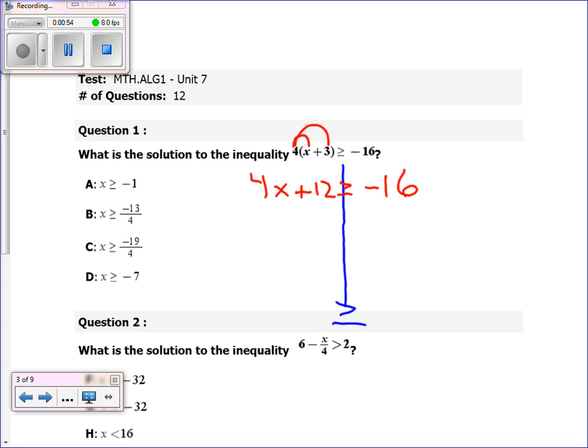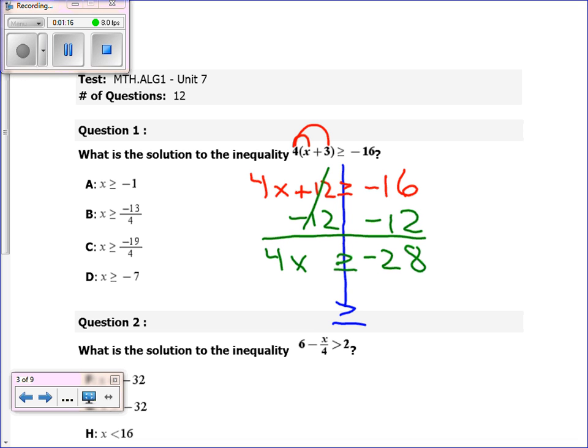Now we're going to subtract 12 on both sides. And we're left with 4x is greater than or equal to negative 28. Now we're going to divide both sides by 4.